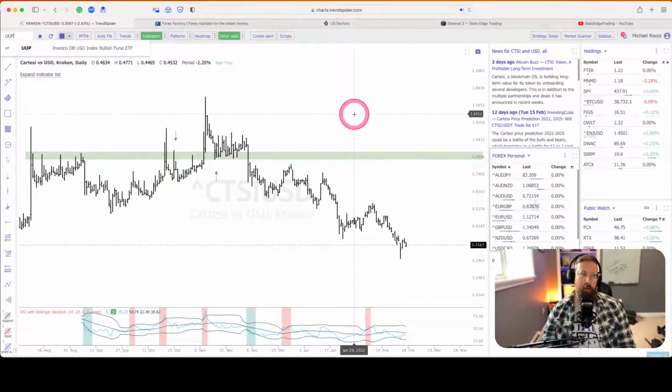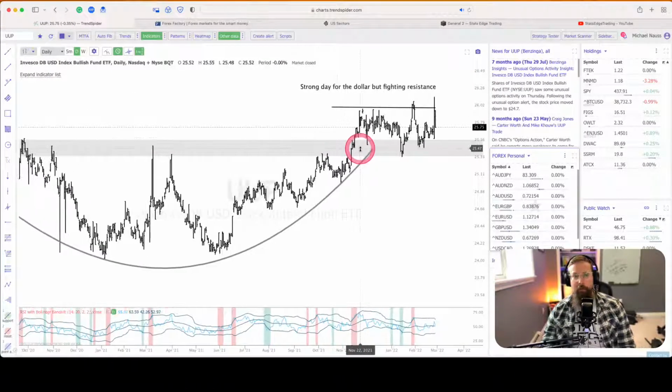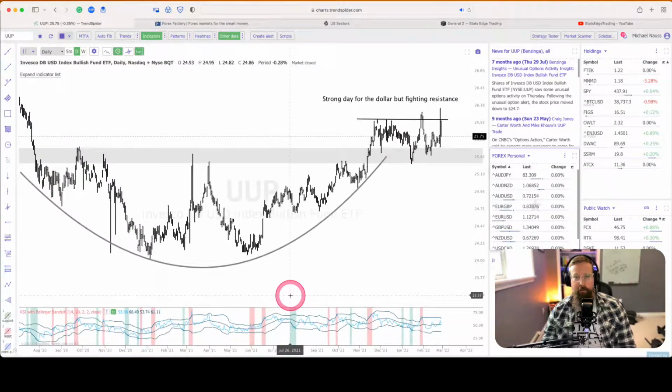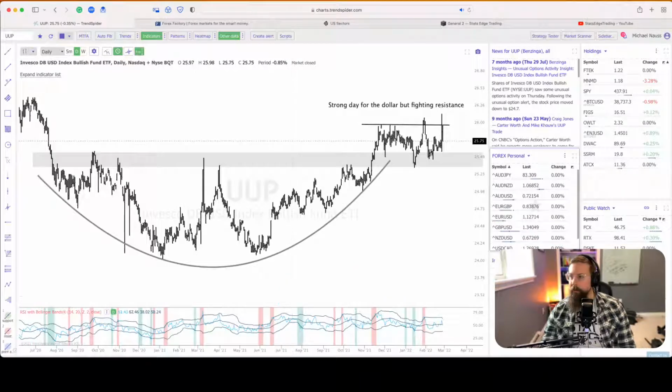Now, when it comes to the US dollar, I've been noting this cup and handle here for a long time. So it'll be interesting to see what the open is on, I was going to say Monday, but actually tonight is for the dollar. But so far, it's been fighting this base for a long time.